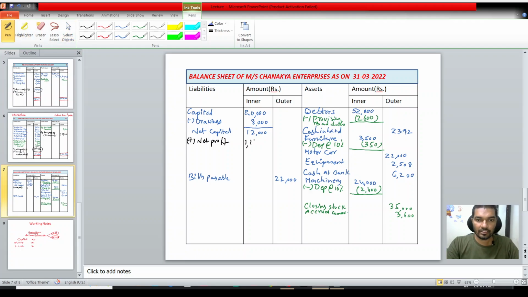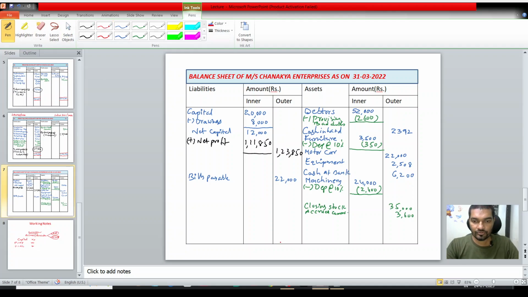So we need to total it. The net capital here is 12,000. After adding it, we are getting 1,23,850.